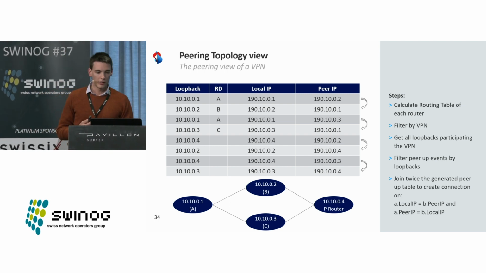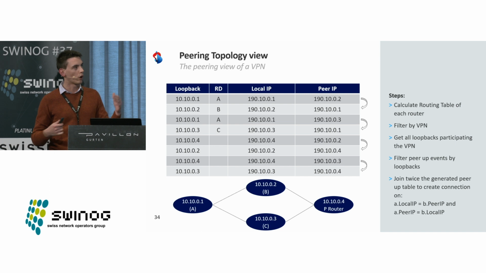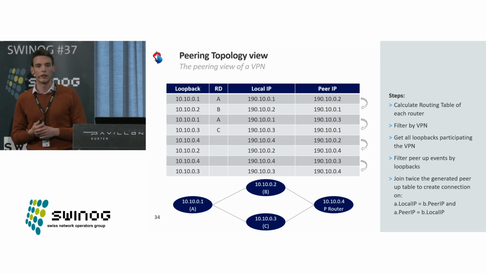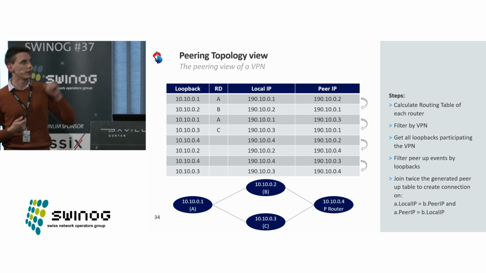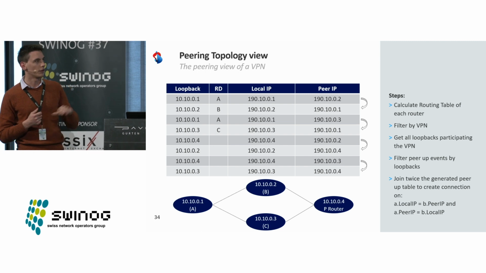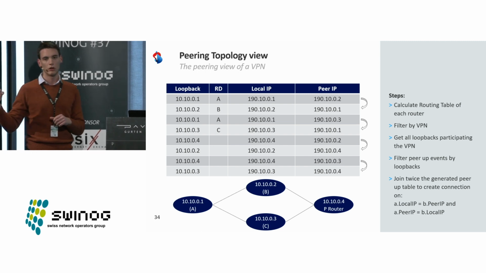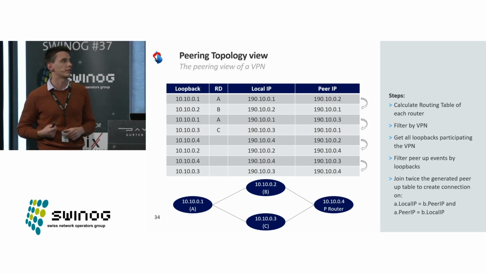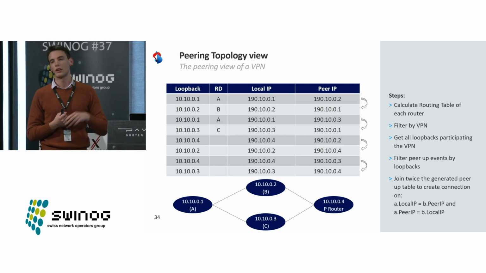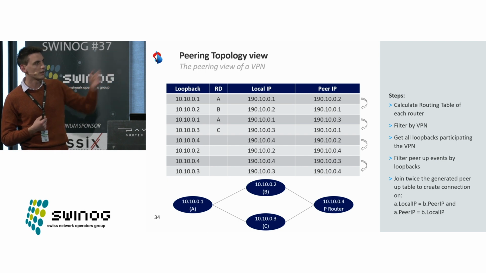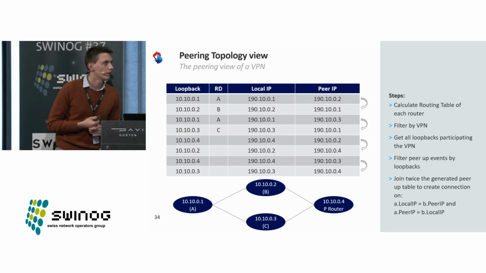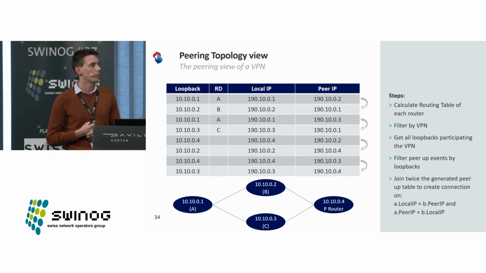And then finally, you have to join twice the resulting table, so that the local IP of, let's say, the first table is equal to the peer IP of the second table, and vice versa. And now you have the peering information. So in this case, the first line is loopback 1, local IP 1, peer IP 2.